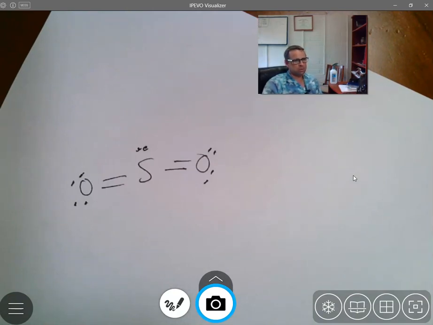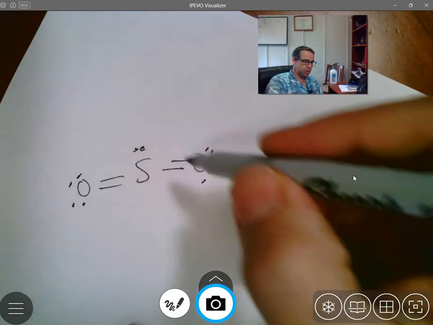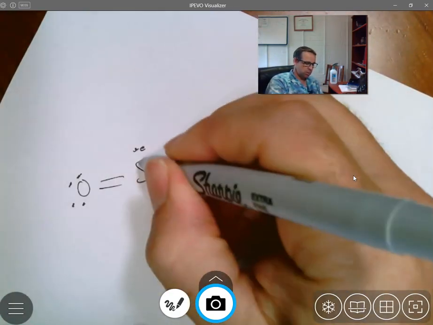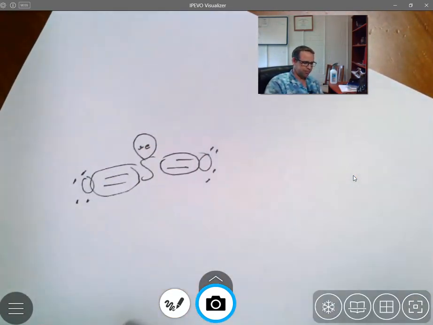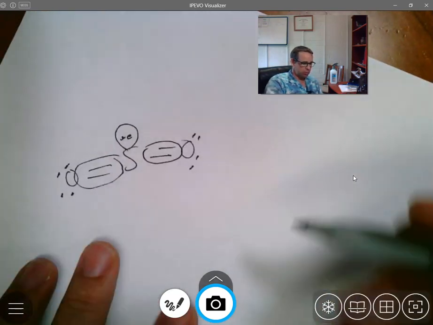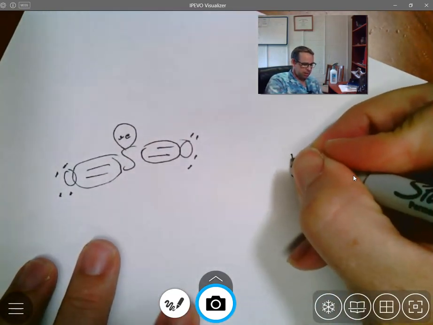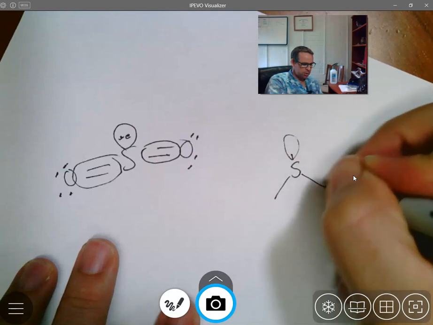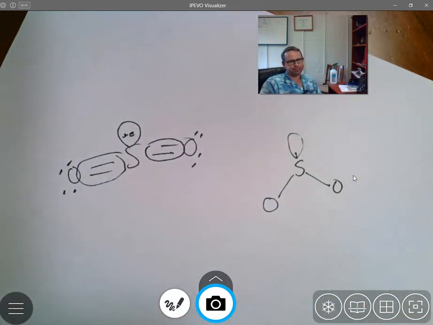Is it because the S has more electrons? Yeah, there are 3 regions of electron density: one here, one here, and one there. I've drawn it like that, but in reality, it's a region of electron density, and these 2 are trying to get away like that.